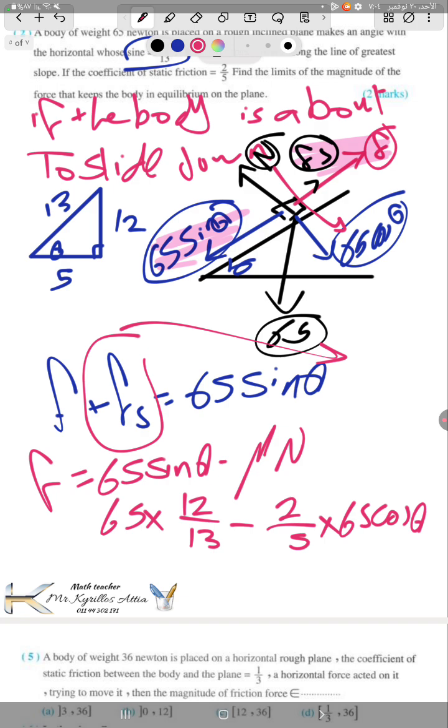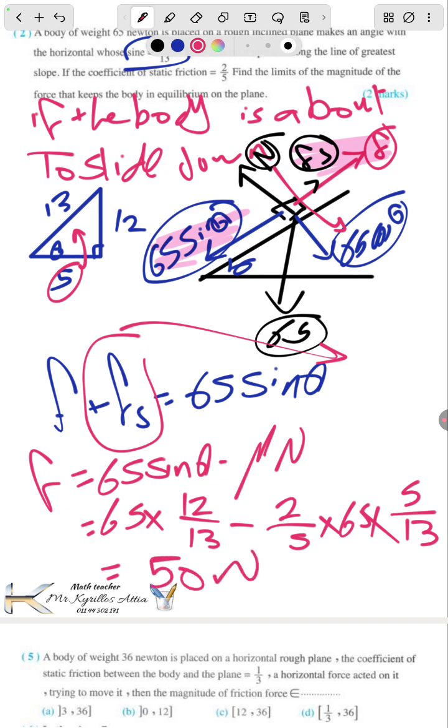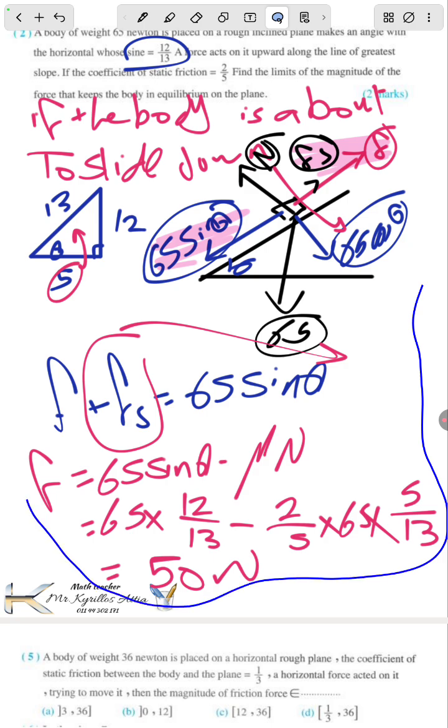But I have cosine theta equals 5 over 13, adjacent over hypotenuse. By using the calculator, 65 times 12 over 13 minus 2 over 5 times 65 times 5 over 13 will be 50 Newton. Okay, so F in the first case equals 50 Newton.